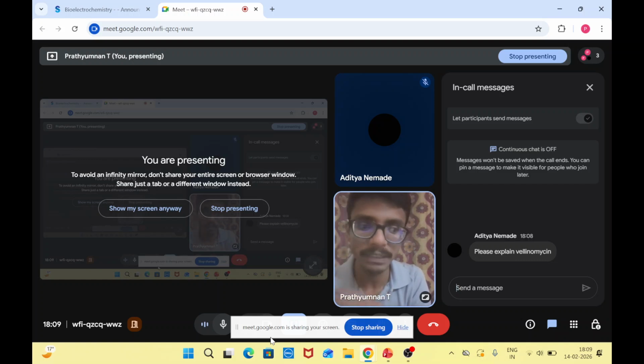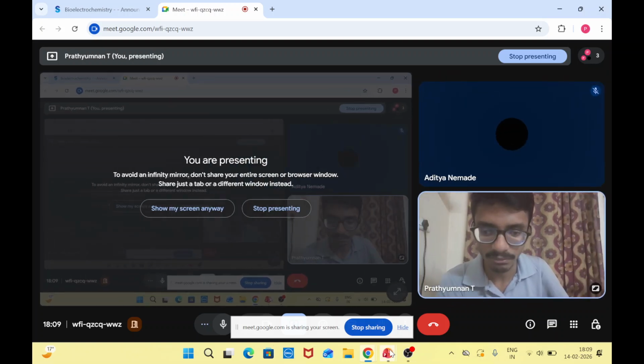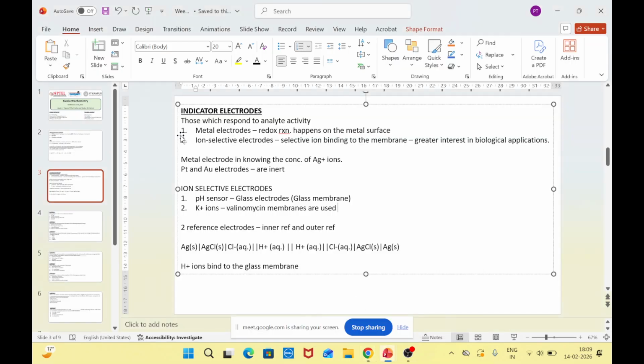Our main principle here is to show how valinomycin membranes are used for measuring K plus ions, so we want to keep the concept simple. If you are interested, you can go about it, or I might include a slide on that later while uploading the lecture.